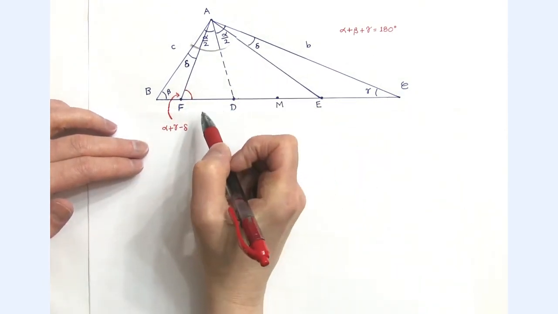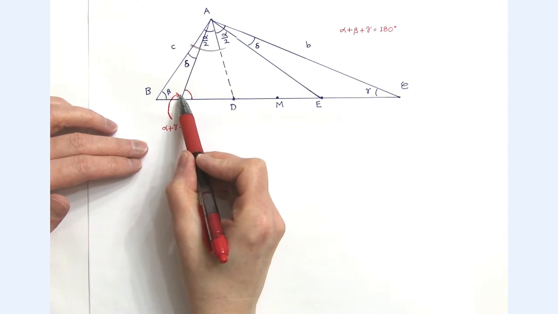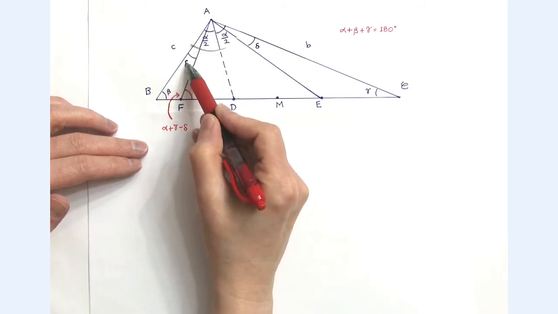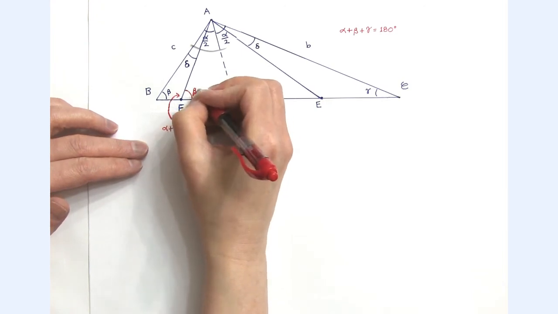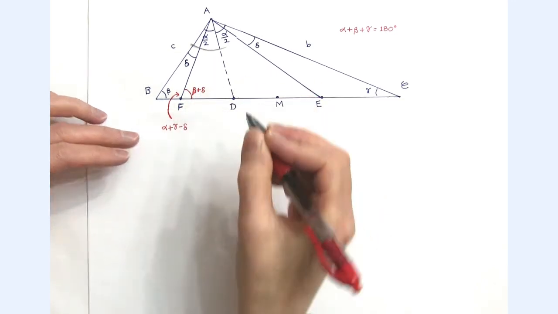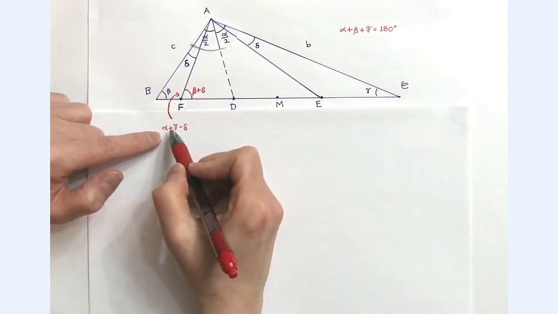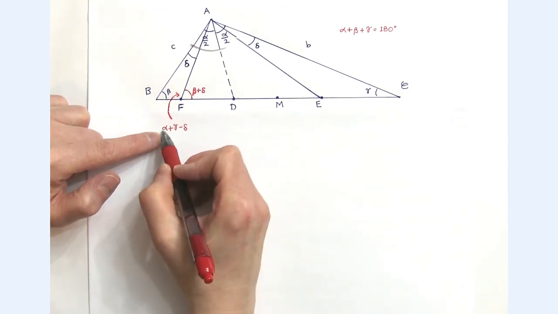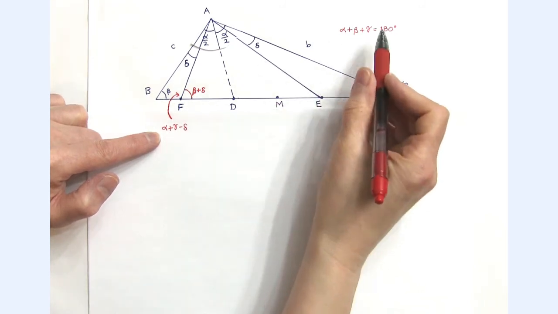Well, one way to look at it is that this is 180 minus this angle, but 180 minus this angle is just beta plus delta. So this must be beta plus delta. Right? If I add alpha plus gamma minus delta plus beta plus delta, I do get alpha plus beta plus gamma, which is 180 again.